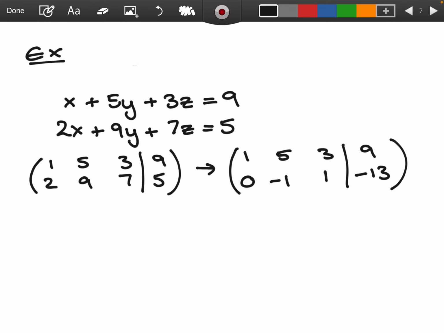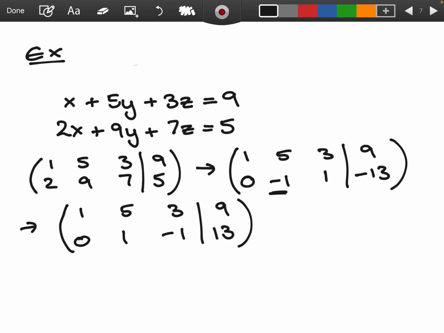So my new row 2 is my old row 2 minus 2 times row 1. Now I have to multiply my row 2 by -1, because I've got a -1 here and not a 1. So my leading term is not yet a 1. So we need to multiply that entire row through by -1, and that will make that leading term into a 1.